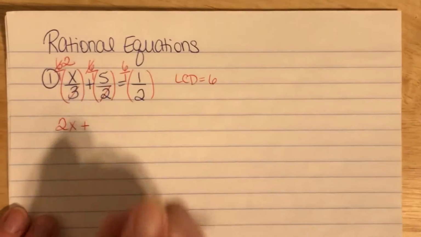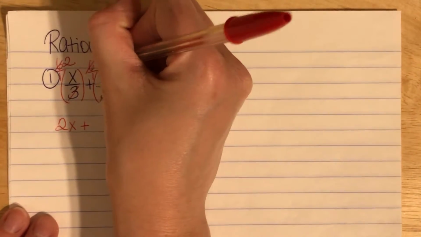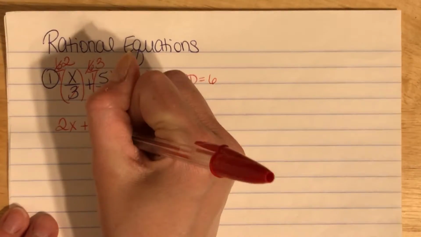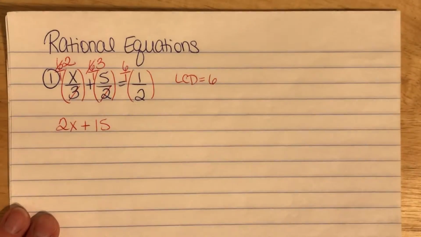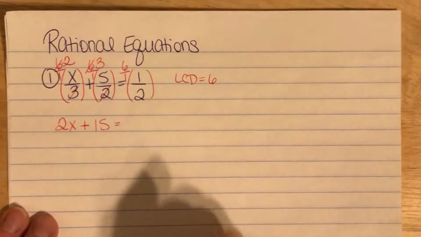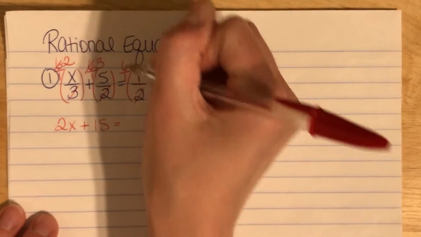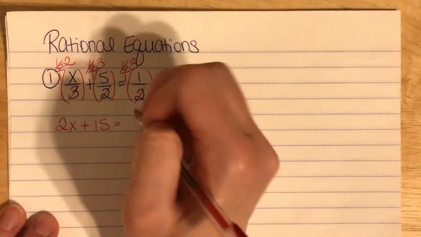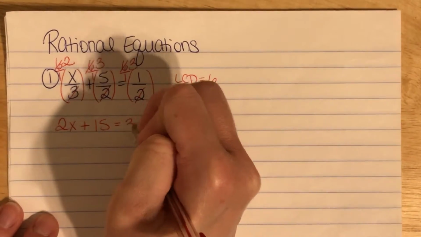I can divide both the 6 and the 2 by 2. I'm left with 3. So 3 over 1 times 5 over 1, which is just 15, equals. So the 6 over 2 again reduces down to 3. 3 over 1 times 1 over 1 is just 3 times 1, which is 3.